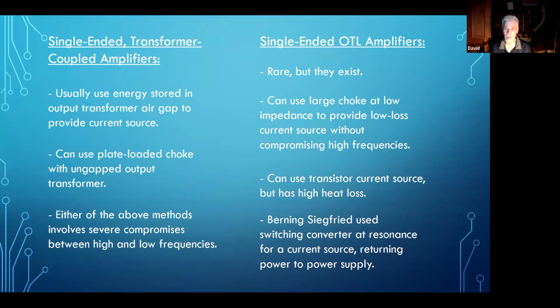This wasn't ideal, but it gave response down to DC, and it did provide a reasonably constant current. It wasn't as ideal as a big choke at the higher frequencies. It did a lot better at the really low frequencies, but it wasn't as good at the high frequencies. So I haven't been using it in my recent designs, but it's just an interesting, different way of doing it.